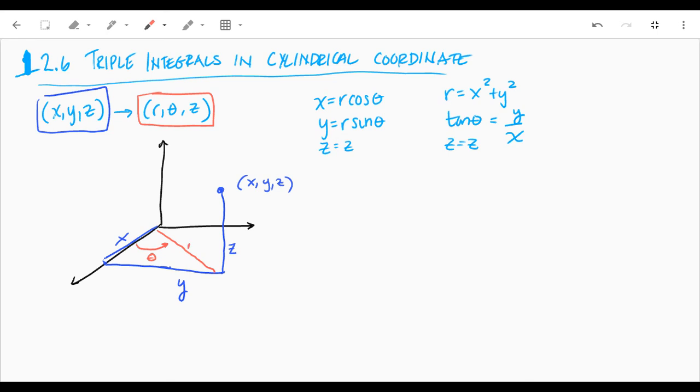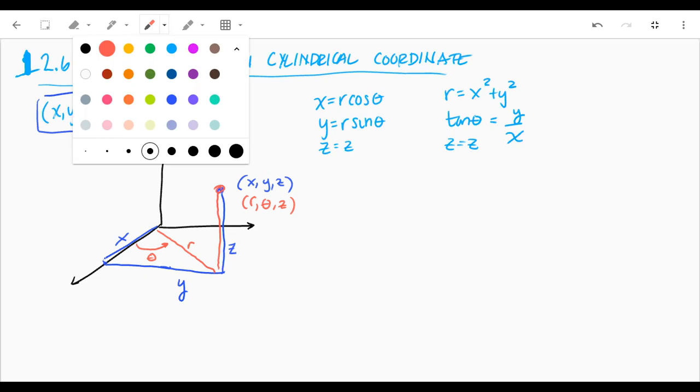And then this distance r, and you can see how x squared plus y squared would equal r squared. Then we go the distance z to get to the same spot, r, theta, z. So there are some examples of converting between the two, and we can do some of these here.